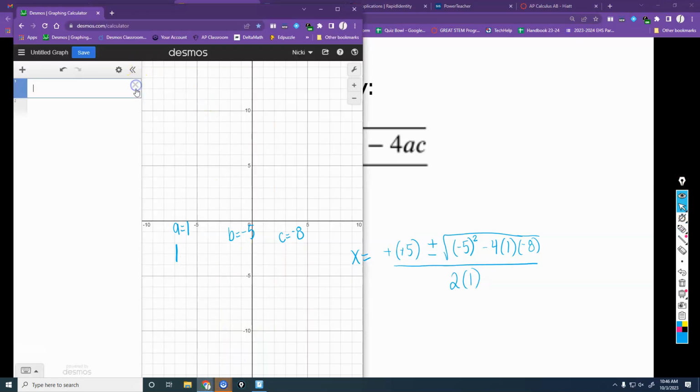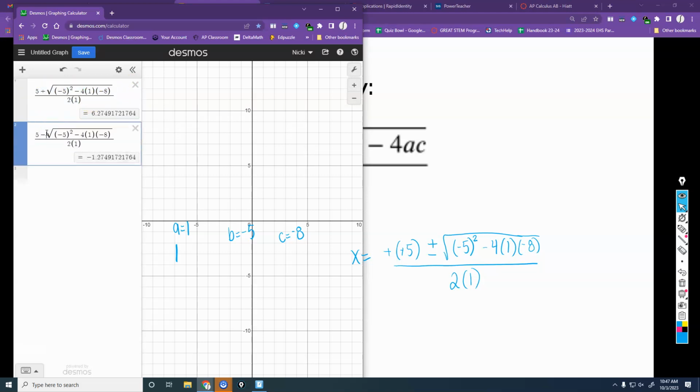If we type this into Desmos, we'll be typing in 5 plus square root of negative 5 squared minus 4 times 1 times negative 8 all over 2 times 1. All right, and we get a decimal. You could copy this and paste it and change it to a negative. It won't let you do plus or minus, because really it's two separate values. So we get these two decimals.